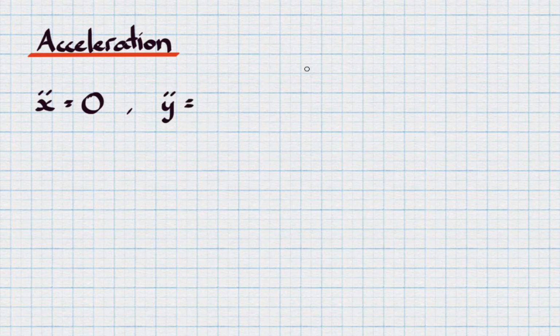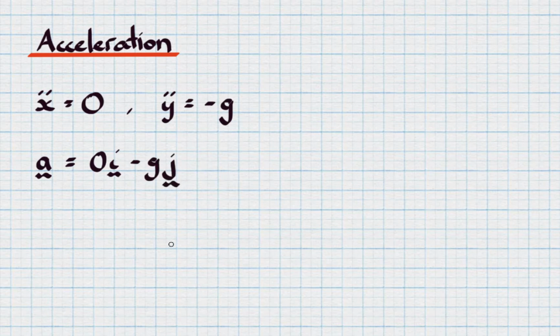Now, because we conventionally say that up is positive, then down must be negative. And using g, lowercase g, to represent gravity. So in terms of an actual vector for acceleration that takes into account both the x and y components, we can say that the acceleration vector, which we'll call a, and it's got its little tilde, so we know it's a vector, is 0 lots of i minus g lots of j.